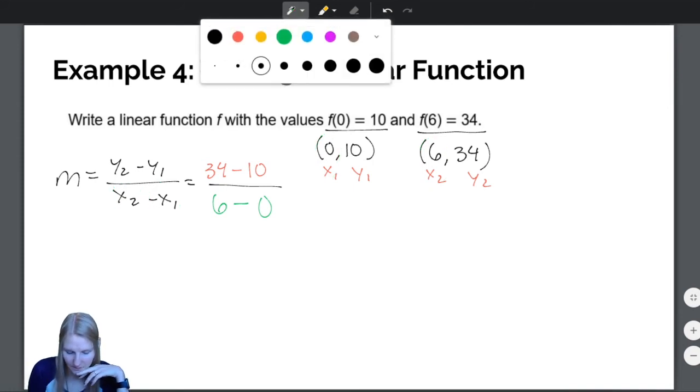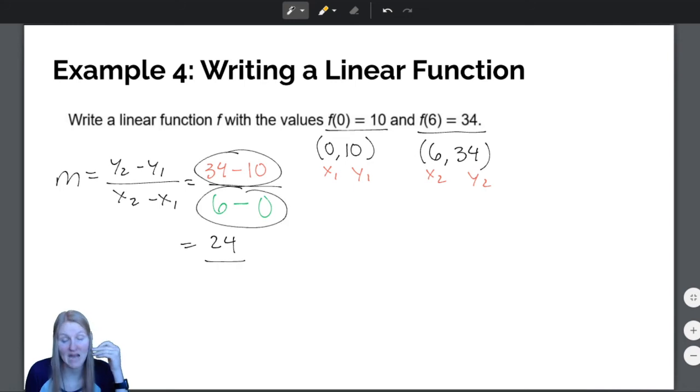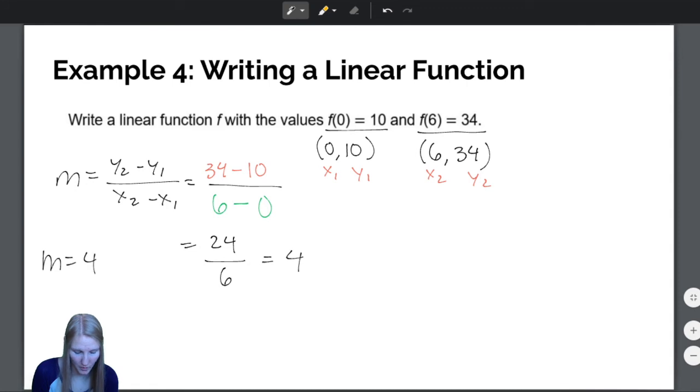Okay. So 34 minus 10 is equal to 24, and 6 minus 0 is just 6. Cool. And hey, what is 24 divided by 6? 4. So m is 4.